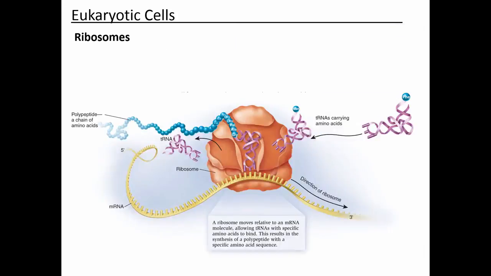The next topic that we have to talk about in cell structure is protein sorting. And we're talking about eukaryotic cells still. In protein sorting, what we're talking about is how a cell decides where to put particular proteins.